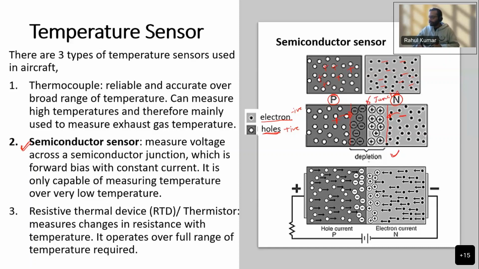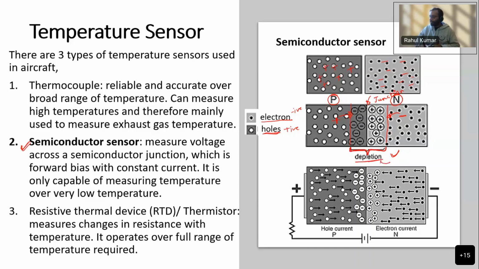At the junction, you will have accumulation of positive and negative charges, and a situation will arise when the number of positive and negative charges become equal. As a result, a depletion region will form at the junction.